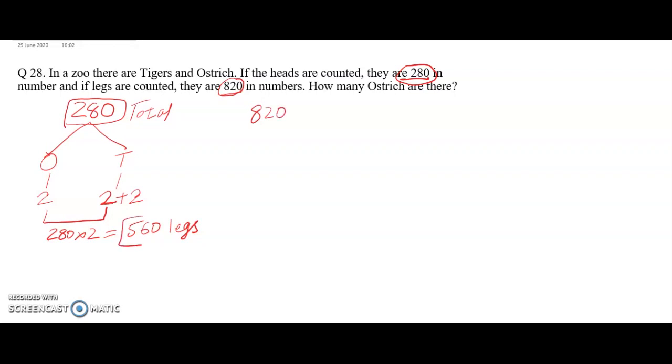So 560 is here, which includes 2 legs of each tiger. So if you subtract 560 from 820, we will get 260. And these 260 legs are the legs of tigers. Here 2 is left, 2 for each tiger. So 260 divided by 2 will give us the number of tigers, which is 130.